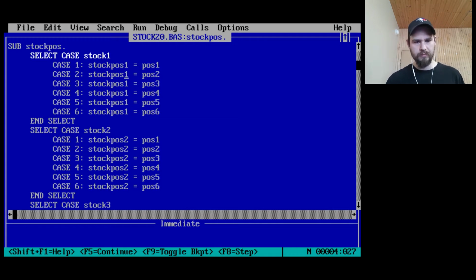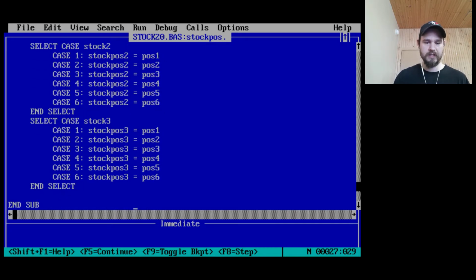Stock pause 1 equals pause 2. Yeah, stock 1 is the stock I've chosen. If it was 1, make sure the position of the first chosen stock is the position of the correct stock. Anyway, that's what this is doing. It's forcing the positions I care about to be in sync with the positions of the actual stocks.